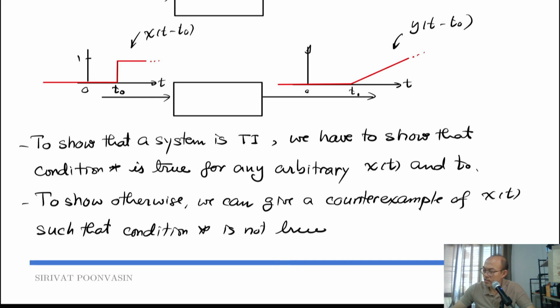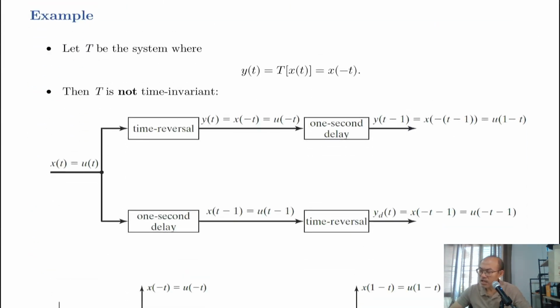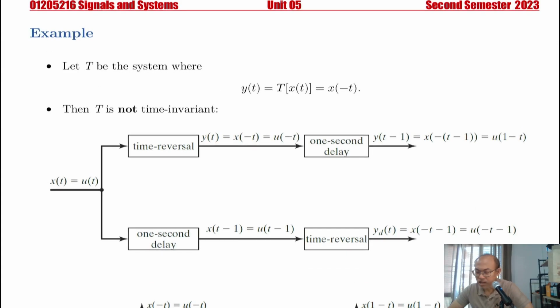Same as linearity. To show that something is true, it has to be true for any input. But if there is at least one input that doesn't satisfy condition star, then the system is not time invariant. Okay. Now, in this example, I'm not going to show that.